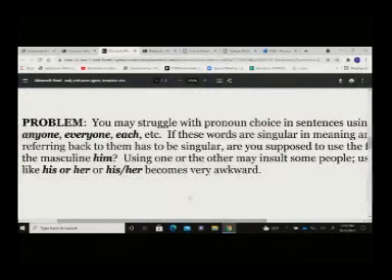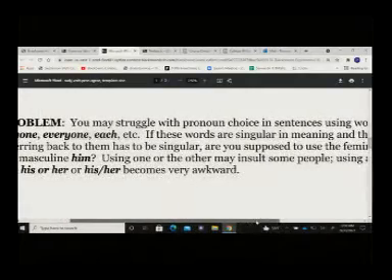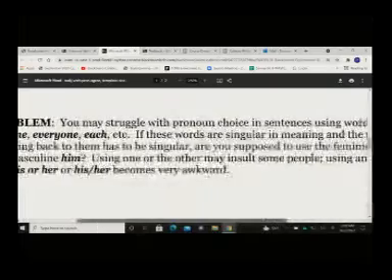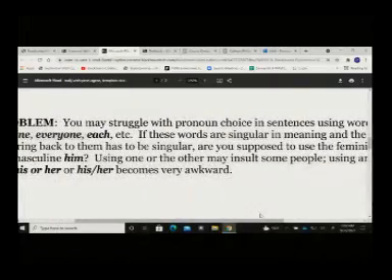Okay. So down here they tell you one of the problems with this is that you may struggle with pronoun choices and using anyone, everyone, each, those like that. If these words are singular in meaning and the pronoun referring back to them has to be singular, are you supposed to use the feminine or the masculine pronoun in reference to them? And they say using one or the other may insult some people, and it's also awkward using his, her, or his or her, or his/her.